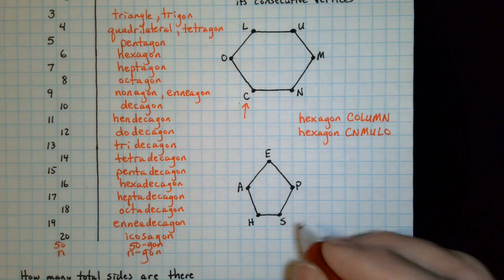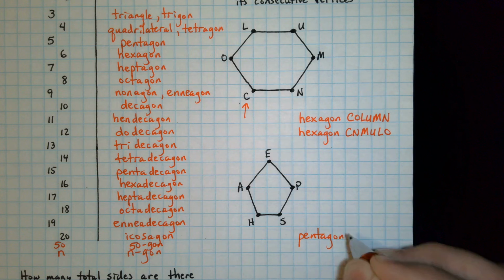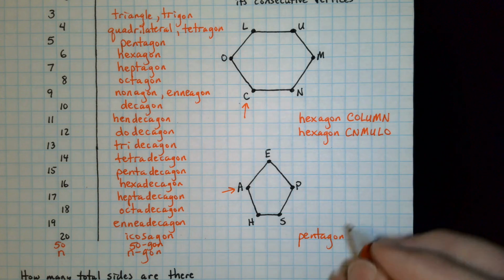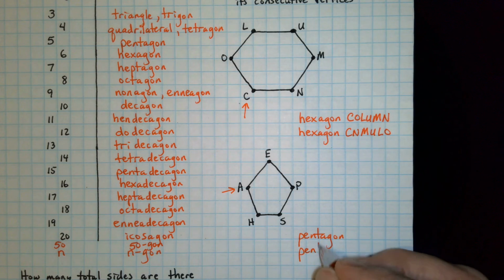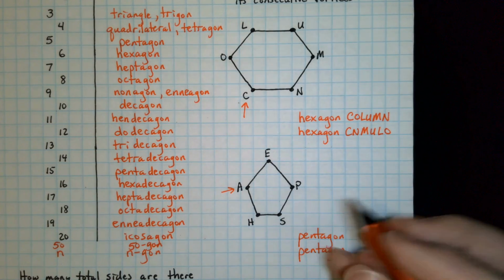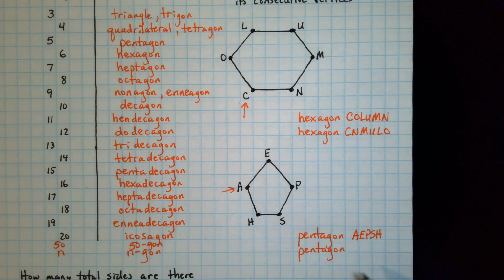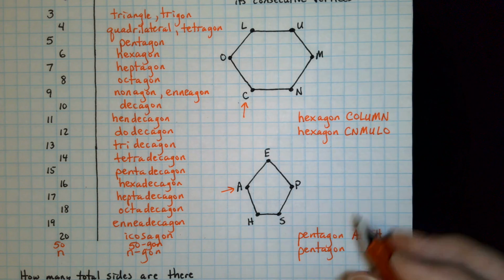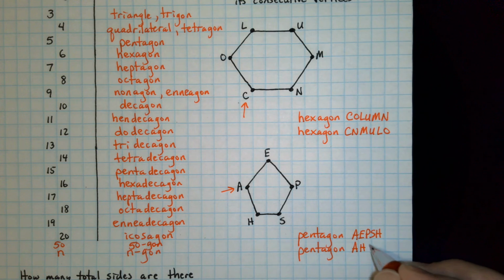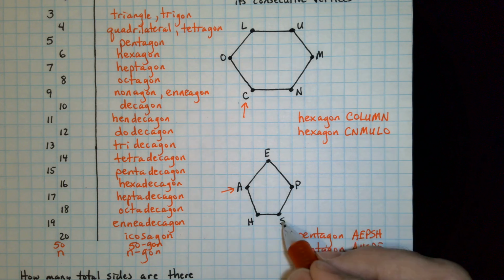If I start with the earliest letter in the alphabet for this one, that would be an A. And it is a pentagon. I'll give you both versions. If I start and go clockwise, that's A, E, P, S, H. If I go counterclockwise, it would be A, H, S, P, E. Now some people look at this and they say, I can see the word shape in here.